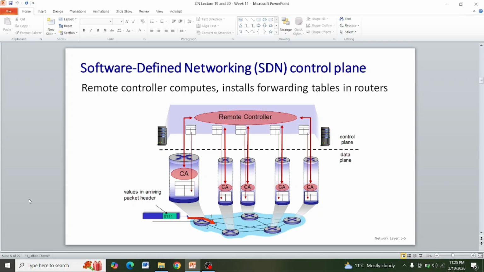In case of SDN, the route is managed upon the level of entire topology of the network, and the entire table is installed or downloaded to all the routers of the network.